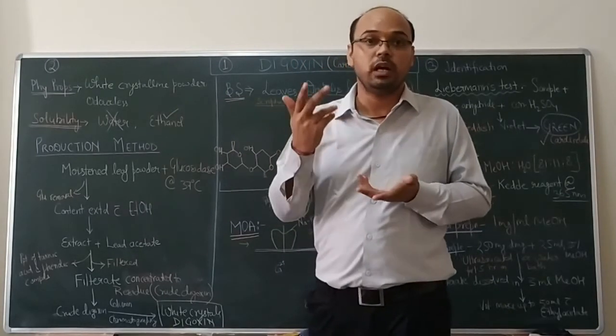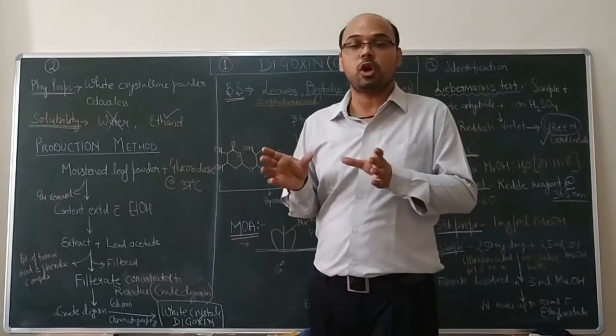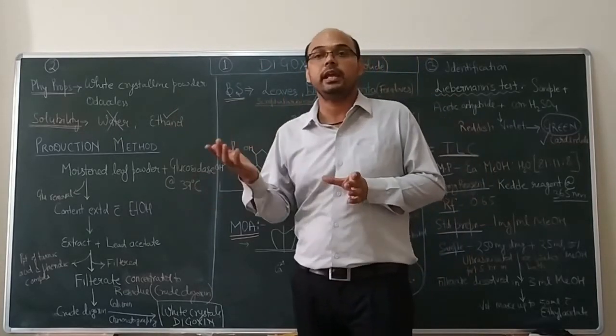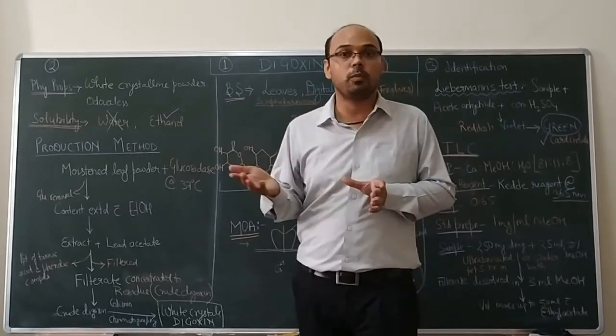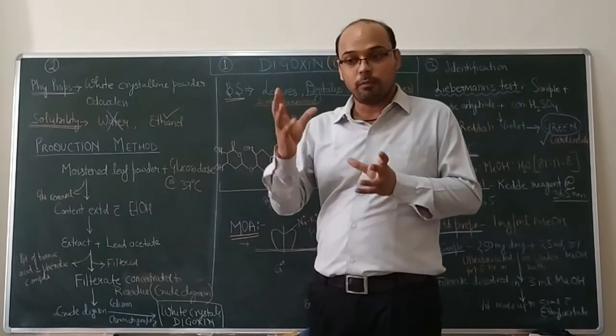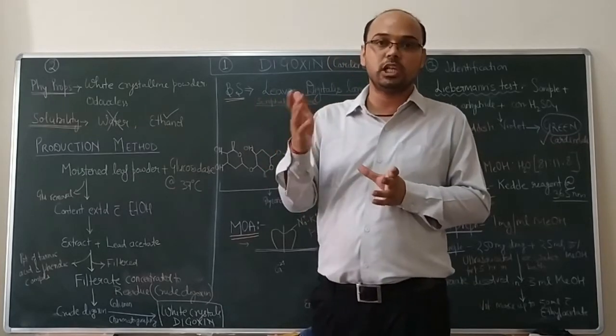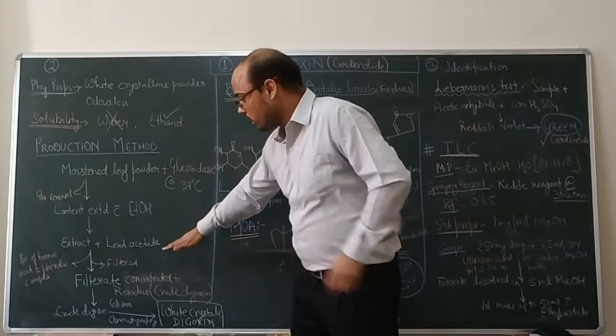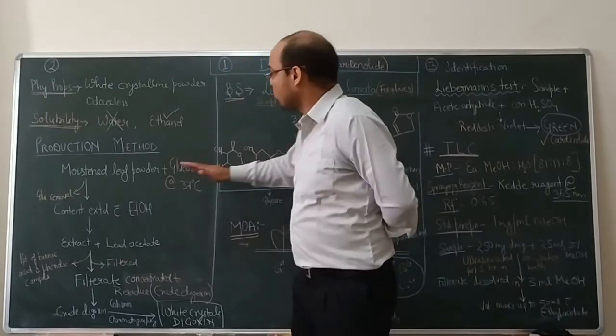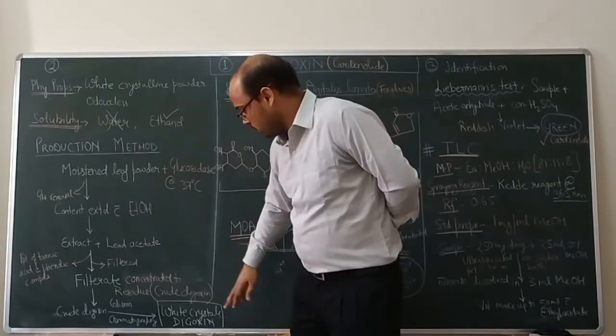This crude digoxin can further be purified using various techniques like column chromatography, and the compound is then recrystallized using ethanol or any other suitable solvent. In this way, we have isolated the phytoconstituent digoxin.